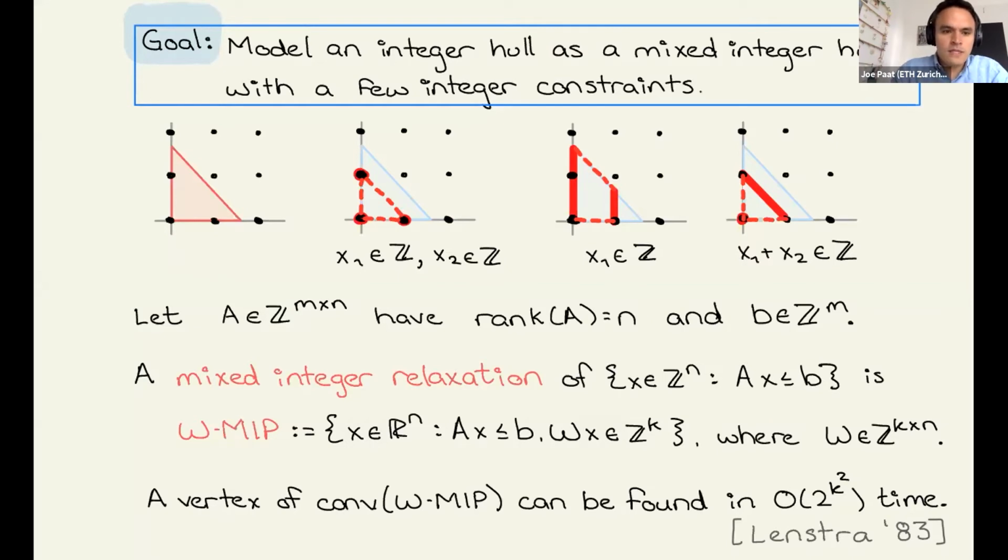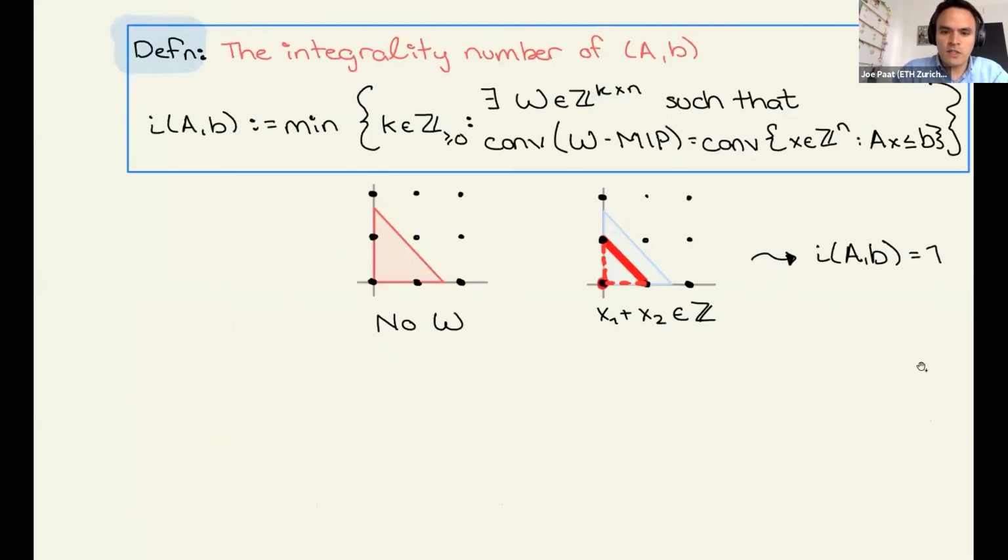So this leads us to our definition of the integrality number. Oh, and by the way, if you can't read my handwriting, please let me know. So we define the integrality number of a polyhedron as the fewest number of integrality constraints we need to define a mixed integer hull that's equal to the integer hull.